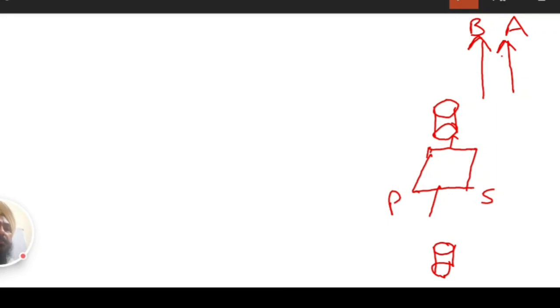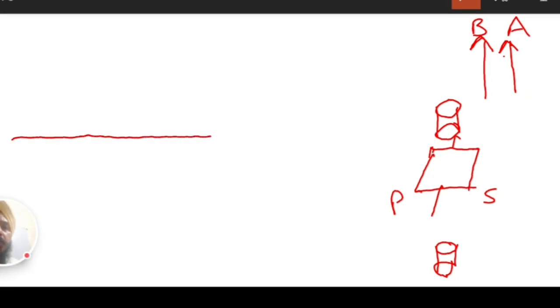So in this case, the graph of the induced EMF. Here area and magnetic field vector have a 0 degree angle.